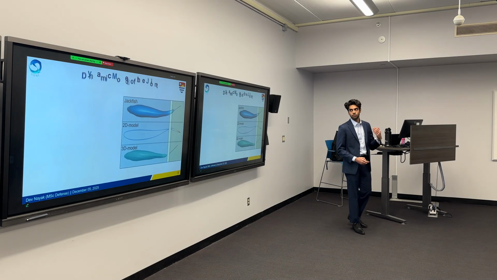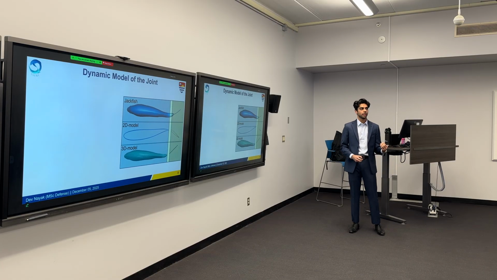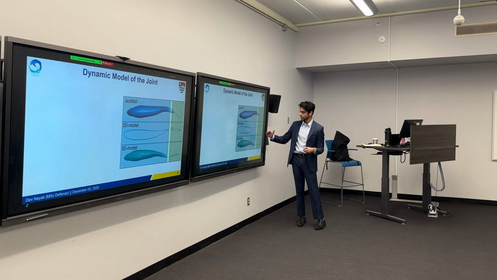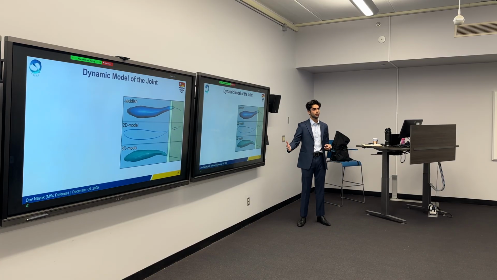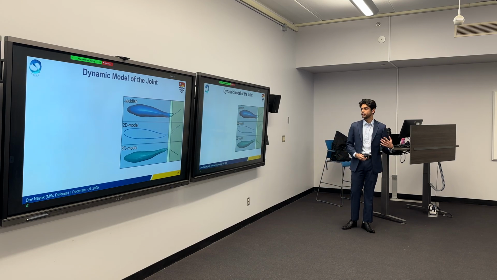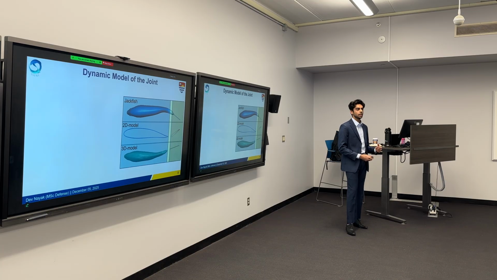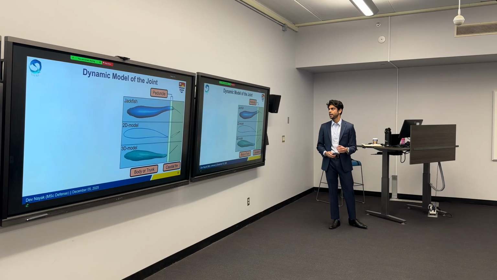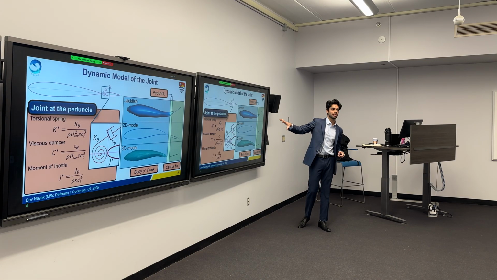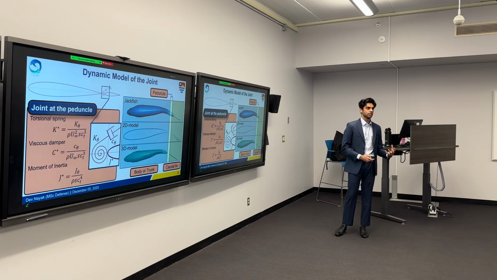So further, now the way we have designed the model of the joint: for the 2-dimensional study, we are looking at the dorsal view of the swimmer, and we use 2 airfoils to mimic the geometry. But in the 3D, we have used and modified the actual model of a jackfish. And at the peduncle is where we have placed the torsional spring and the damper to create this passive joint for the pitching.